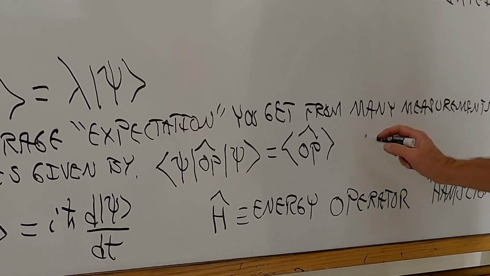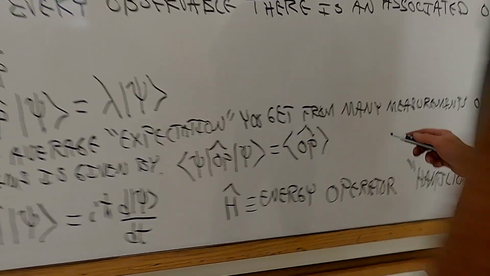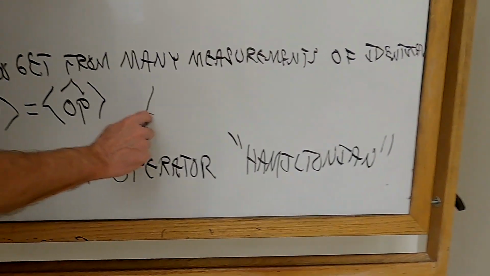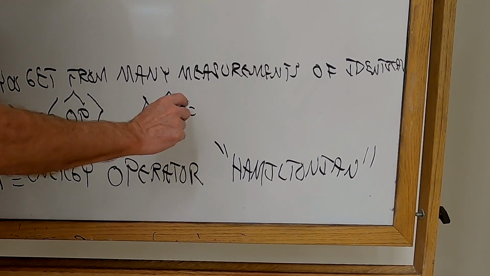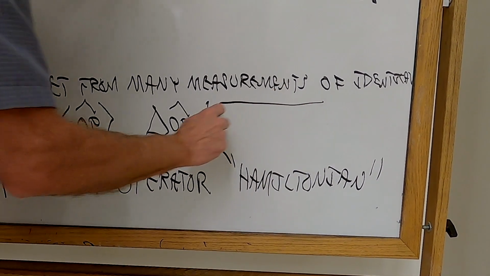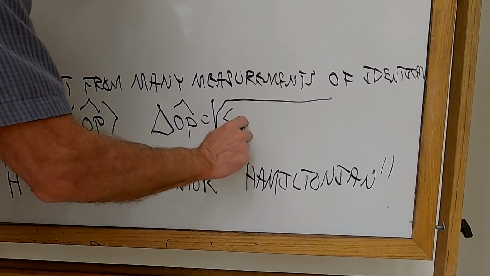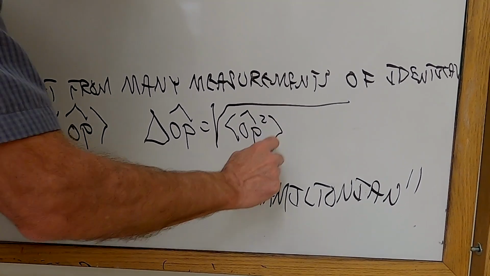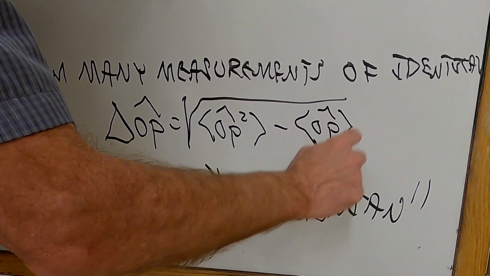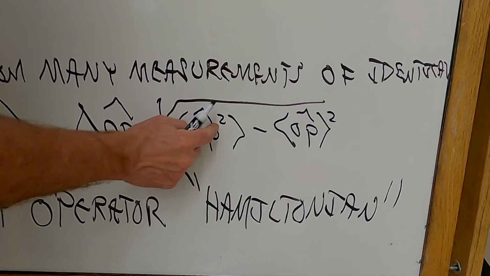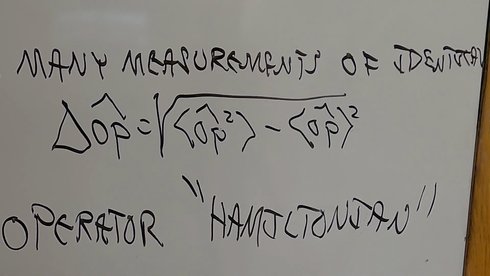The uncertainty in the operator is equal to the square root of the operator squared, average, minus the operator average, squared. Remember, the square's inside, the square's outside.